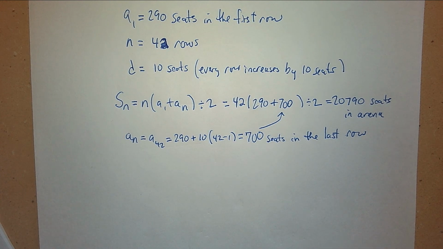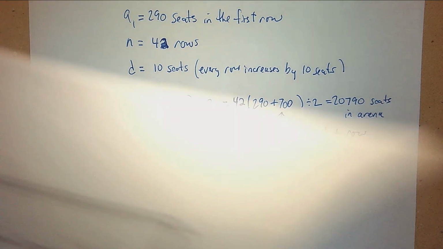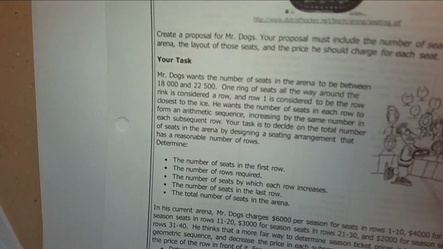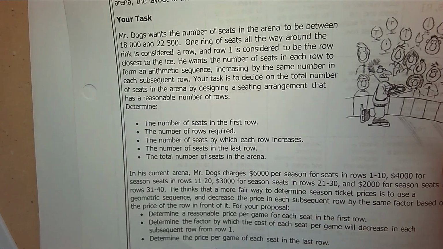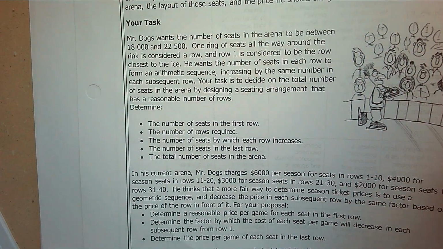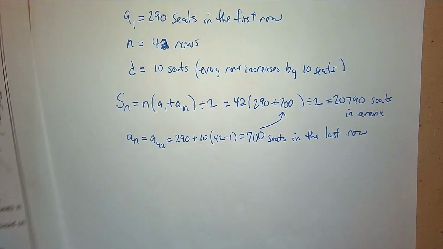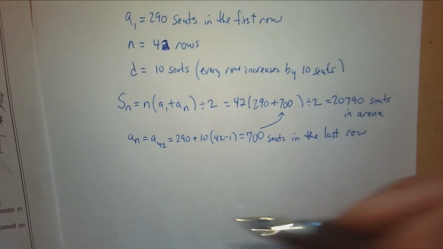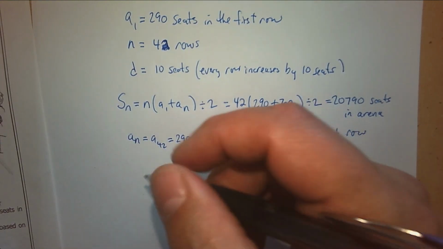If I go back to my assessment task, do you see those bullet points that you have to answer? Those are things you have to answer in your proposal. When it says the number of seats in the first row, how can you write that as a sentence?